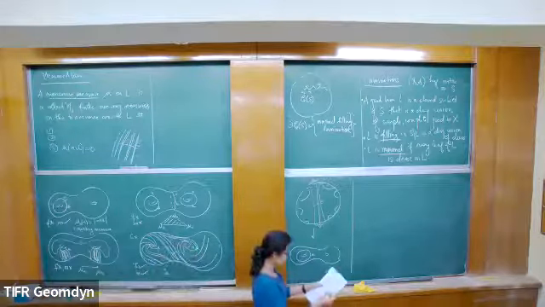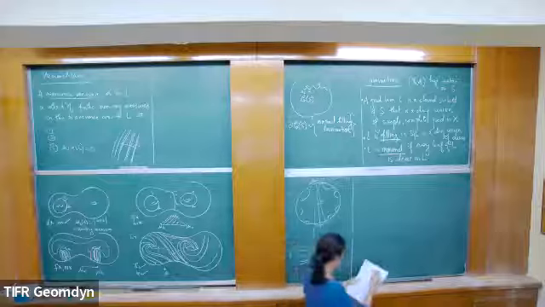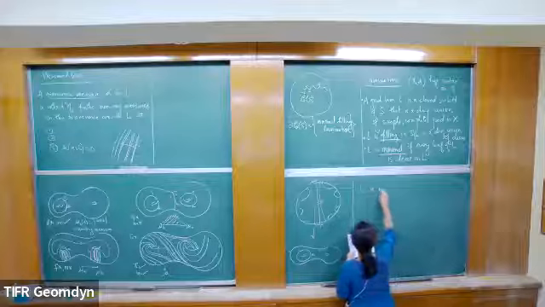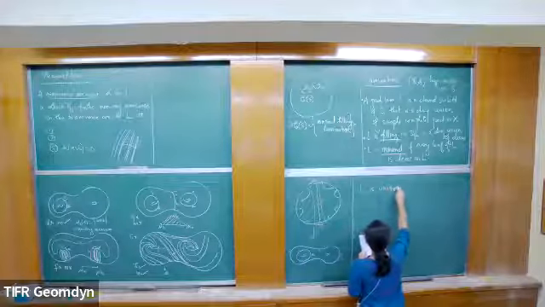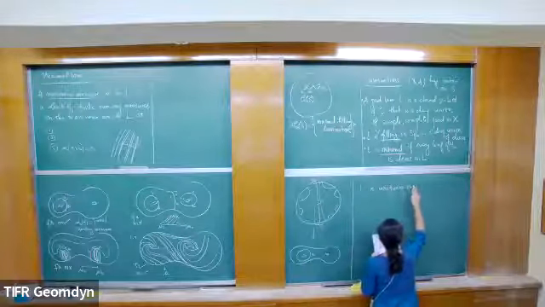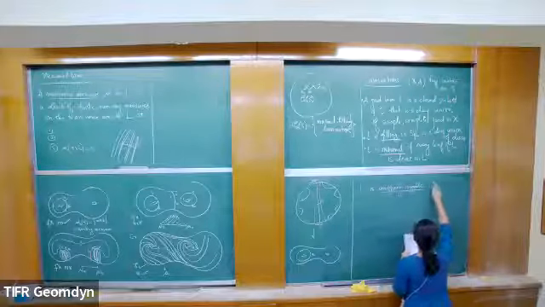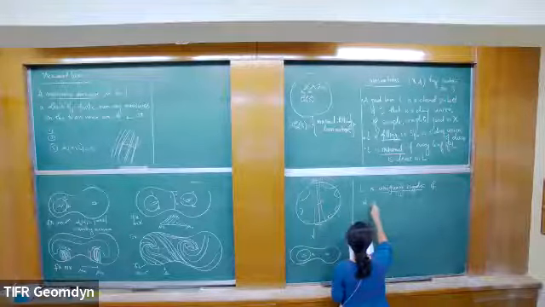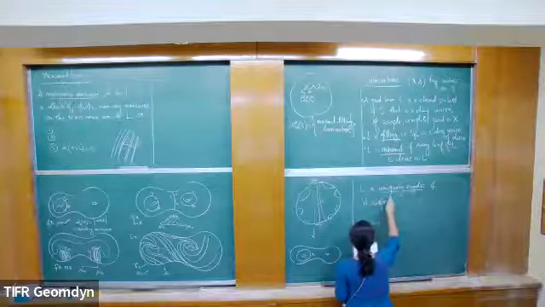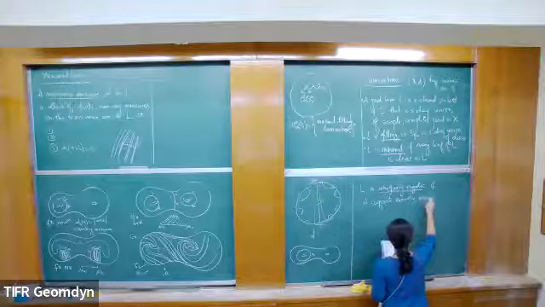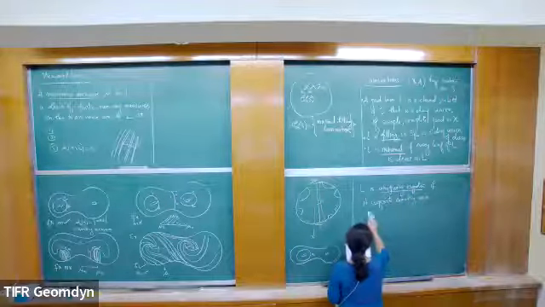So I use the word uniquely ergodic. Let me define it. I say a geodesic lamination is uniquely ergodic if it supports exactly one transverse measure up to scaling.